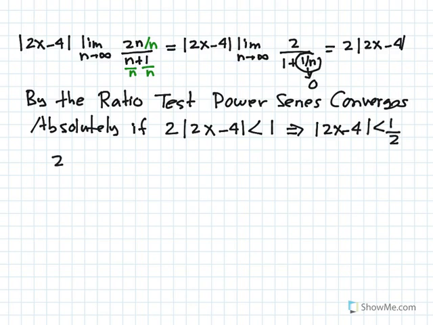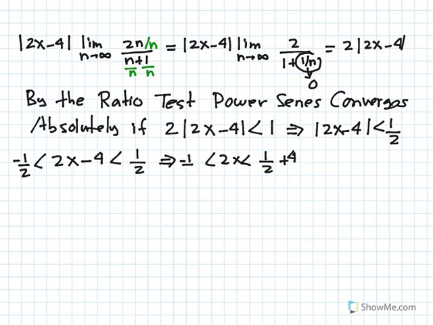Rewrite this without the absolute value. We get 2x minus 4 is less than 1/2 and larger than negative 1/2. Add 4 to every term, and we get 2x is less than 1/2 plus 4, and larger than negative 1/2 plus 4.